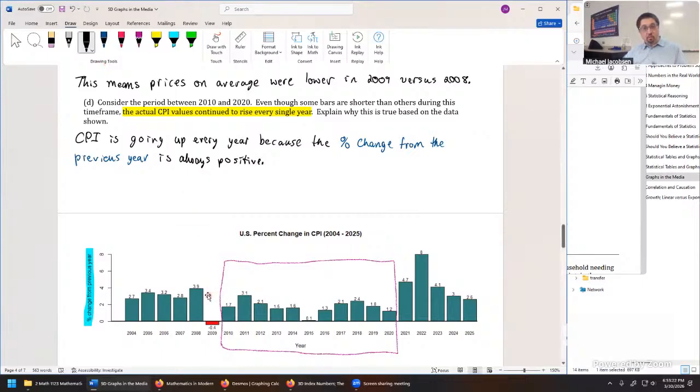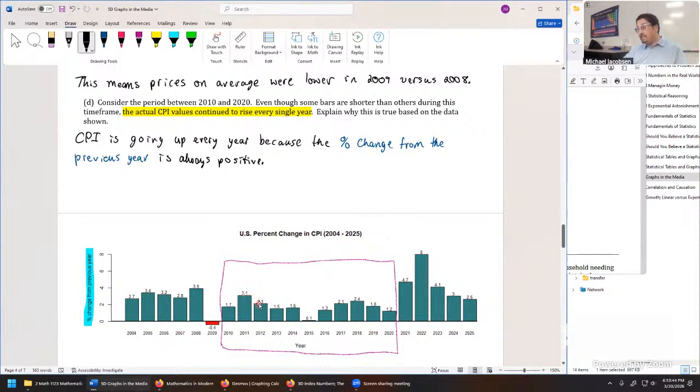So it's, again, kind of a weird way to look at this graph. When we see a graph with a bar at this height and see it going down, we might feel like the CPI is going down. It's extremely counterintuitive, right? But because it's percent change, this is what makes this graph feel so different from all the others.